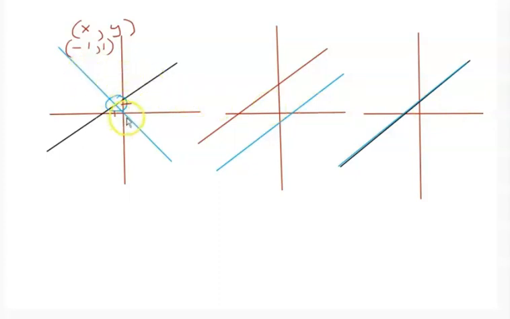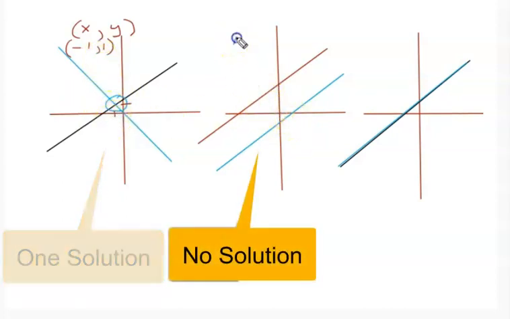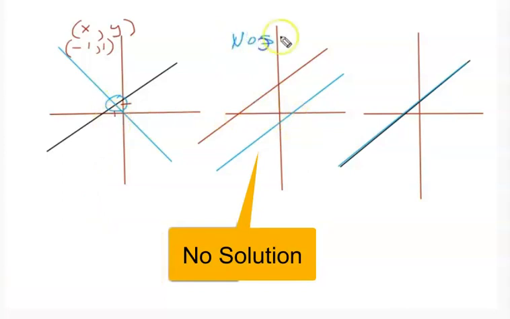As a reference, this type has just the one solution. Here this type has no solution.